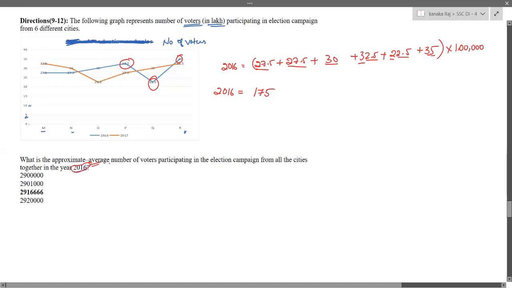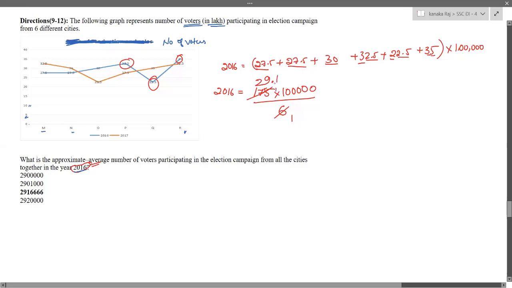But they're asking us to find the average. What is the average? 175 into 1 lakh, divided by the number of cities. It is for 6 different cities. Now if I cancel this out, what do I get? 6 1 times, 6 2 times. What will be remaining? 5. 6 9s are 54. Remaining is 1. So 29.1.